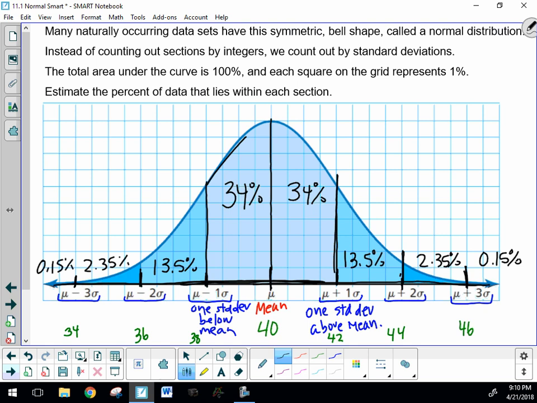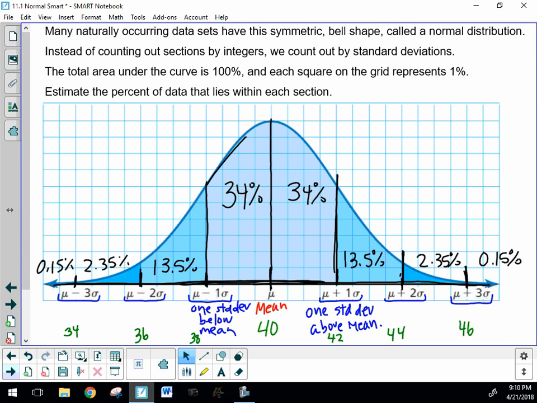Now, the Scottish men, their distribution was approximately normal, but lots of other naturally occurring data sets have this sort of distribution. For example, if you collected data on the heights of men in America, it would be normally distributed. The mean is about 5'10", and the standard deviation is about 3 inches.